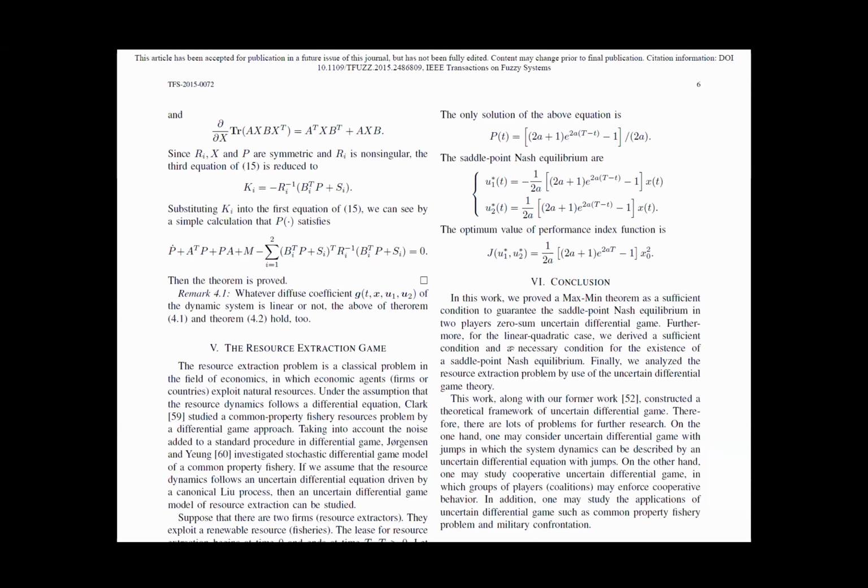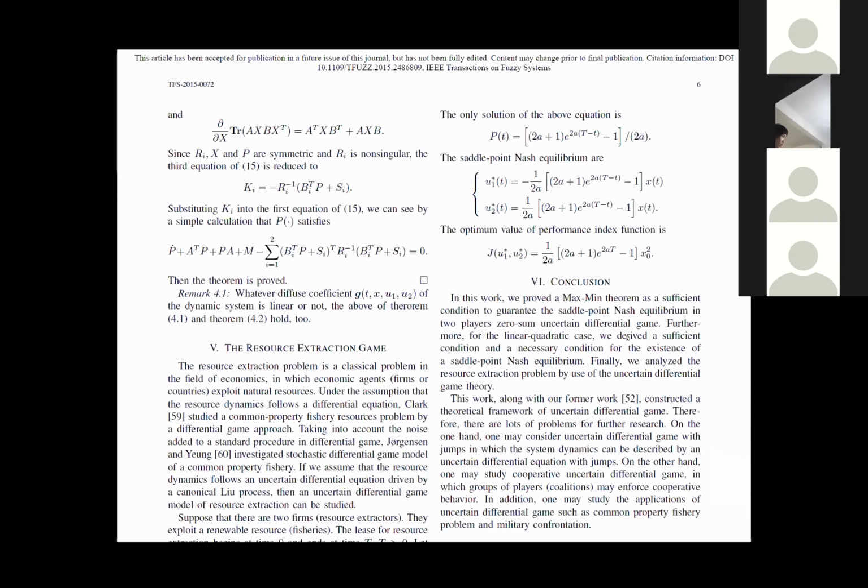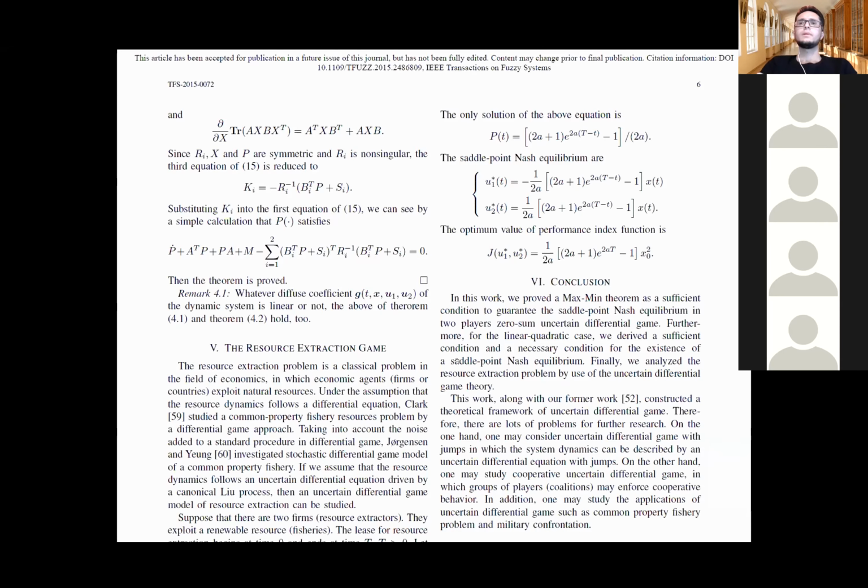Further, for the linear quadratic case, they derive a sufficient condition and a necessary condition for the existence of a saddle point Nash equilibrium. Finally, they analyze the resource exploitation problem.